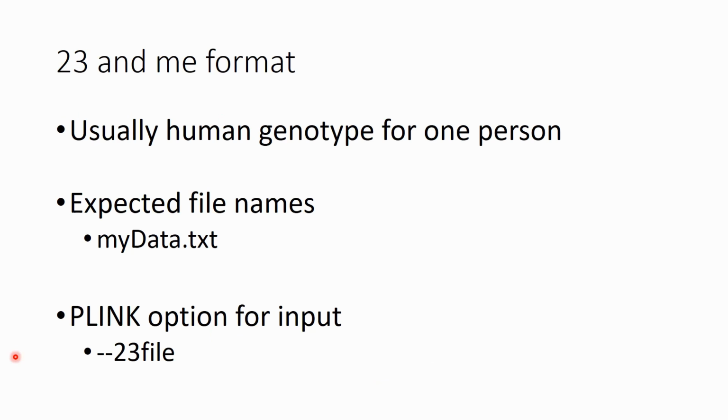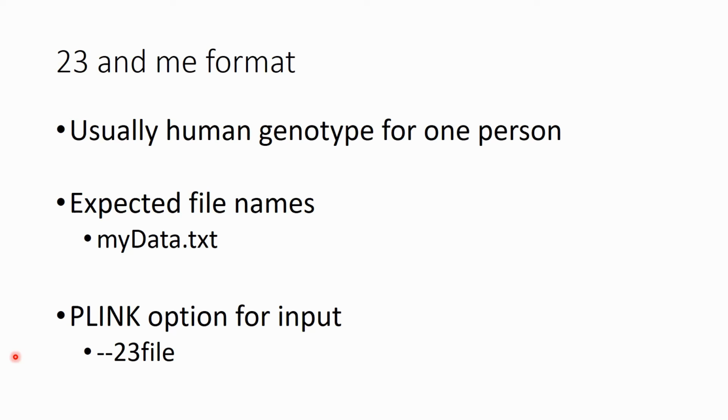And the next option you can use in PLINK is the so-called 23andMe file format. This is quite restrictive, because if you try to use any other species, PLINK will give you a message that it can be used only for humans, and also it can contain only 1 person.